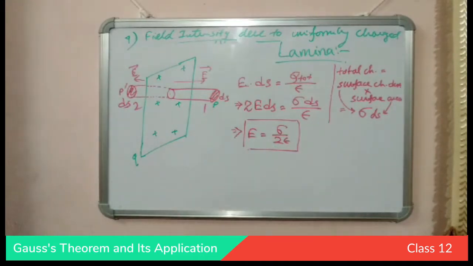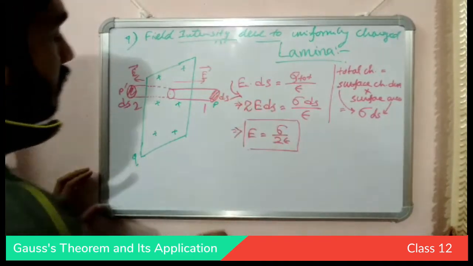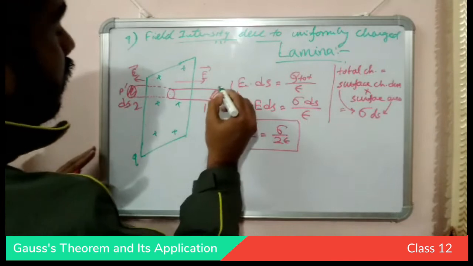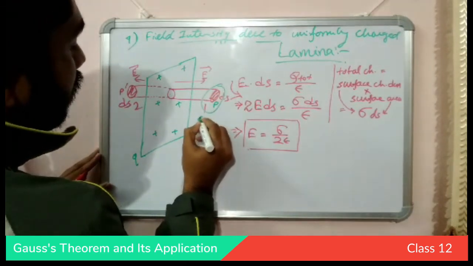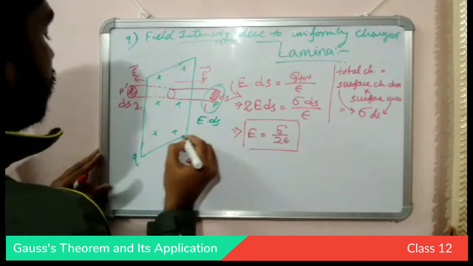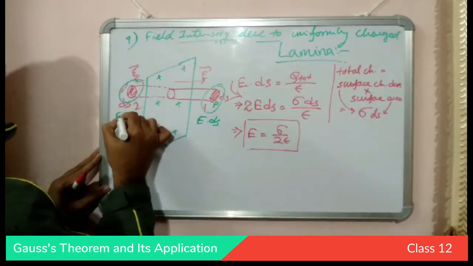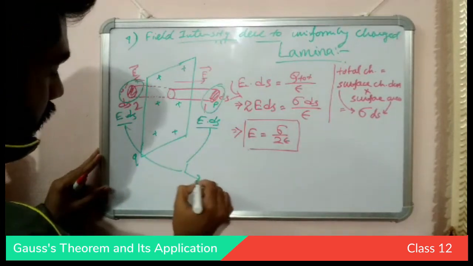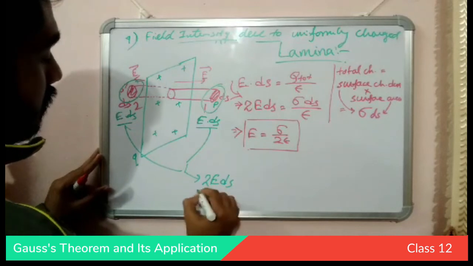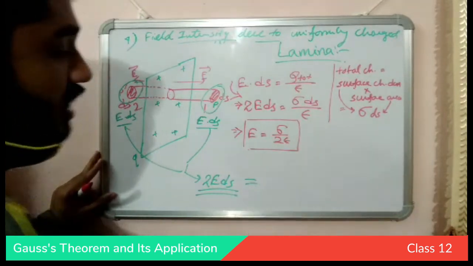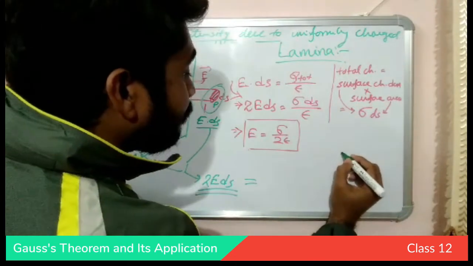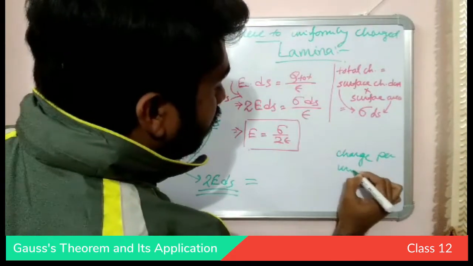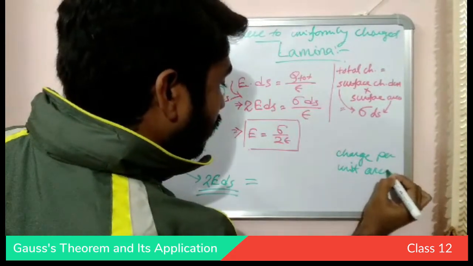Hope you have understood. This will be this, because here is E ds and here is another E ds. So this will become 2 E ds, and the total charge: surface charge density is charge per unit area.